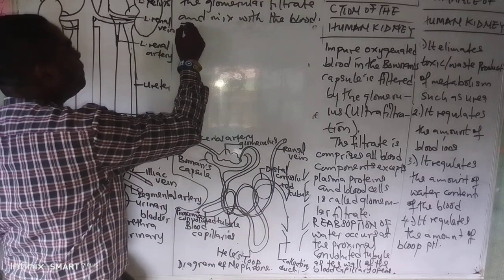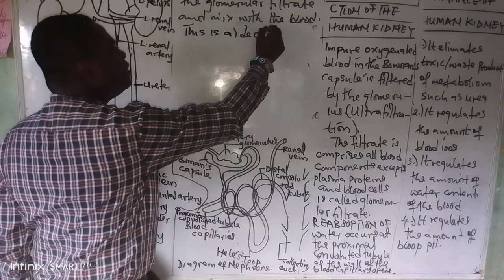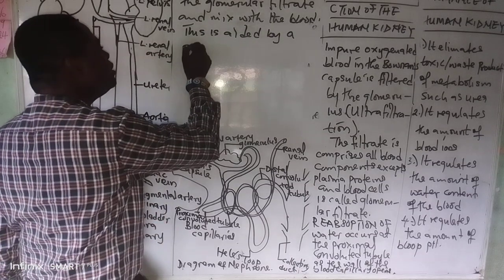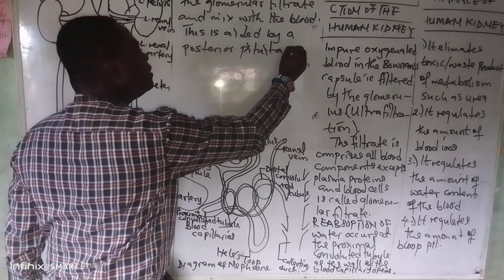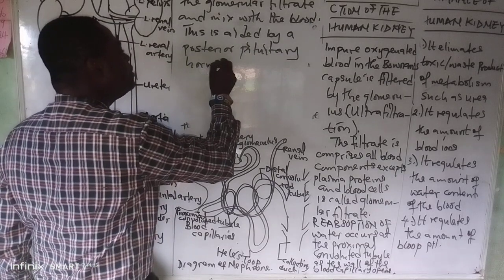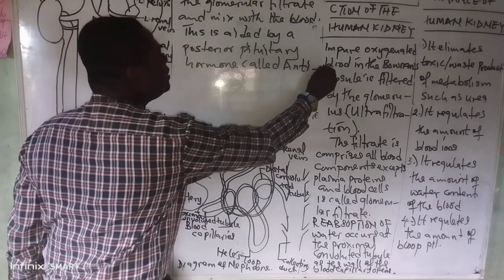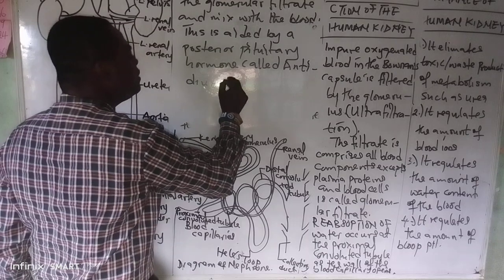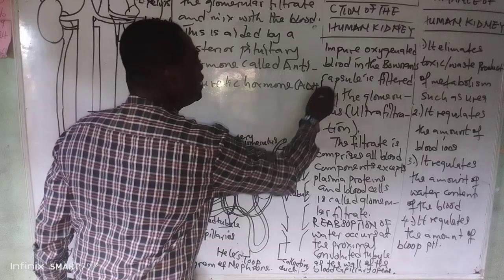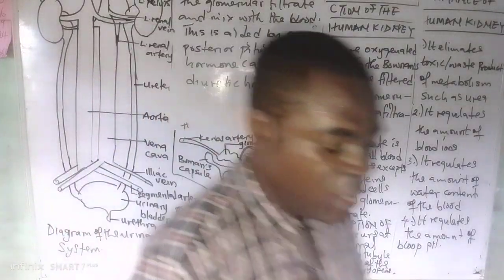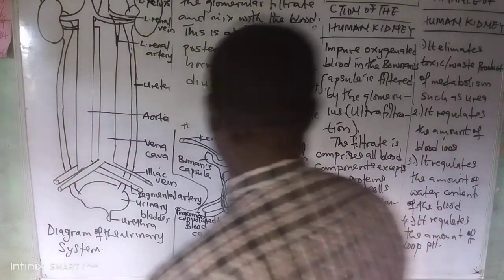And this is aided by a posterior pituitary hormone called antidiuretic hormone, that is ADH. That's the name of the hormone that stimulates that process and makes it effective.